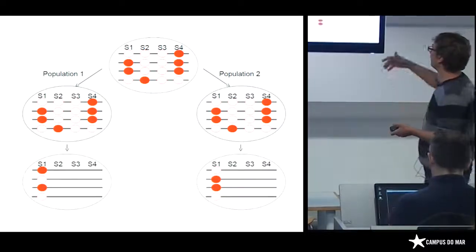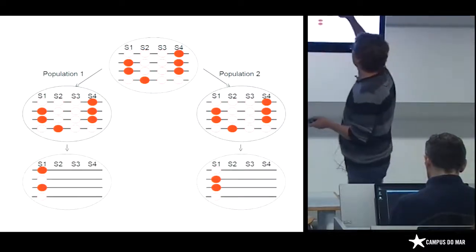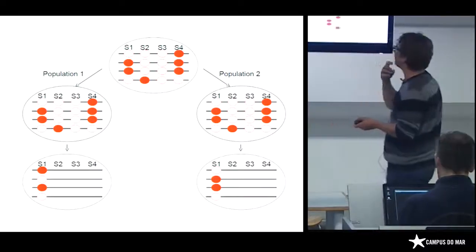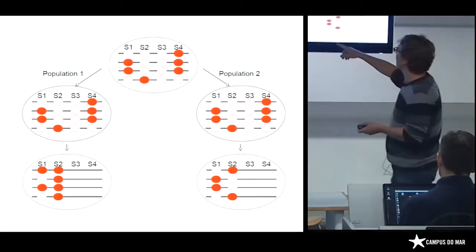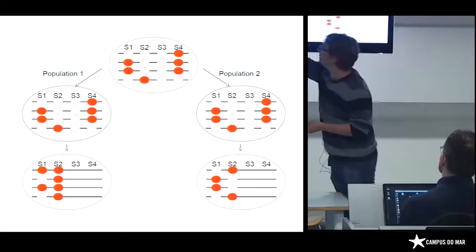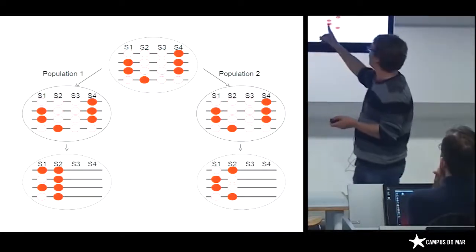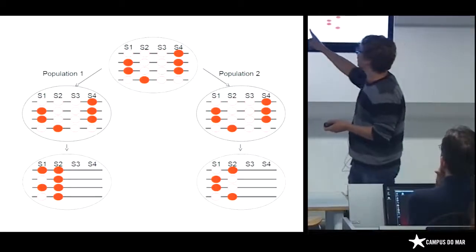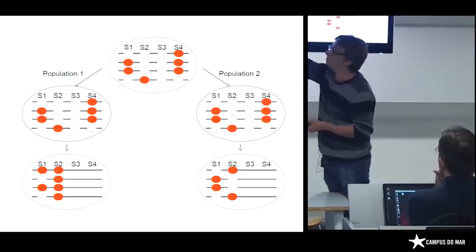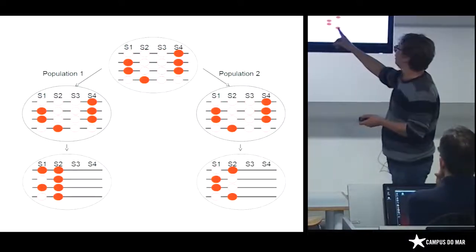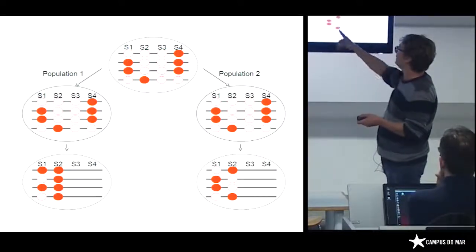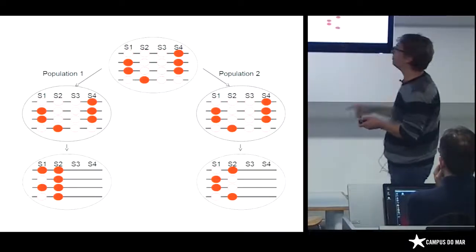And then, because of drift, you will have modification in allele frequency. So the first SNP is shared, the polymorphism is shared between the 2 populations. Here you have a fixation of the derived allele in population 1, but this SNP is still polymorphic in population 2.